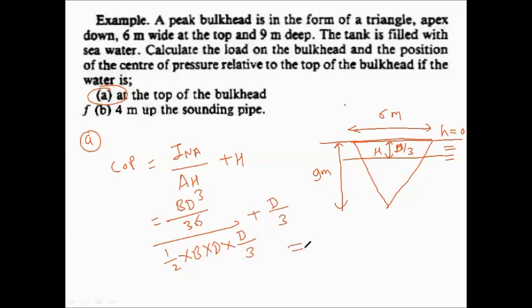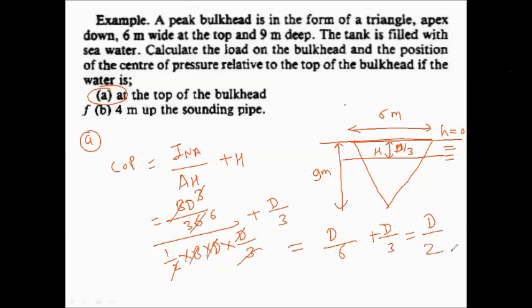So you can do the calculation directly here. This D gets cancelled. So finally it will come D by 6 plus D by 3. It will be coming D by 2.